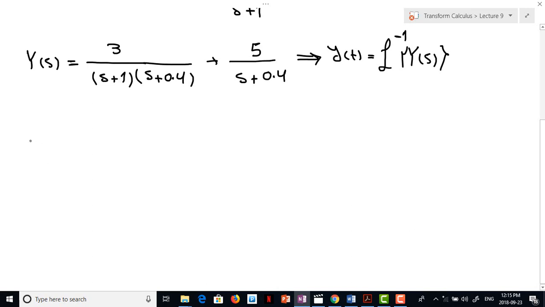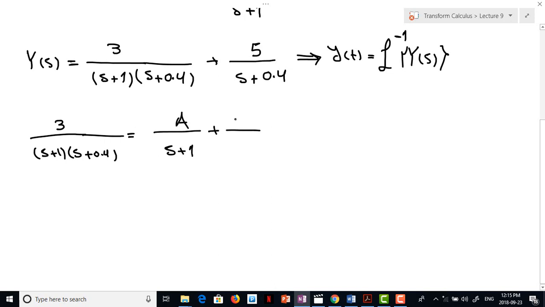So how can we decompose 3 over (s plus 1) times (s plus 0.4)? If you look at the table that we had for partial fractions, we have two terms here. We have A over s plus 1 plus B over s plus 0.4.